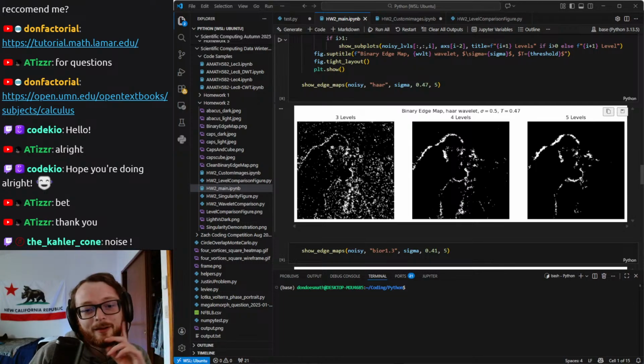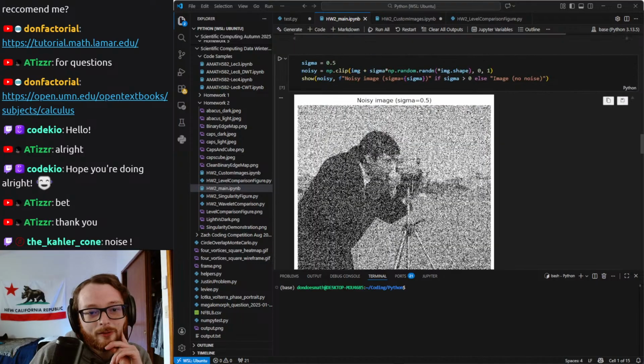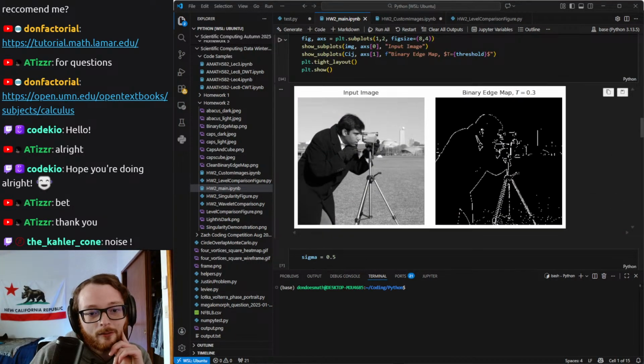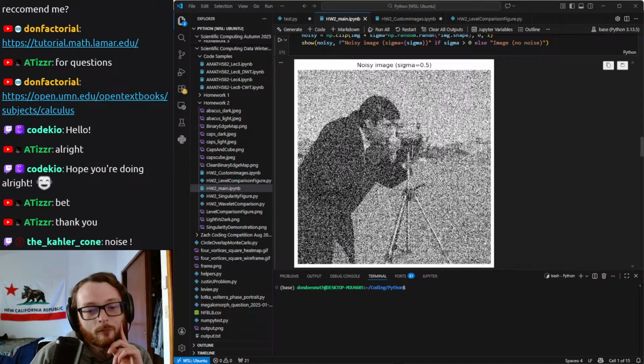So basically, what I've already done is I took this stock cameraman image and added noise to it. We're told to do noise at 3 different levels.